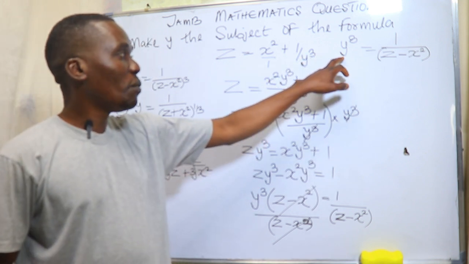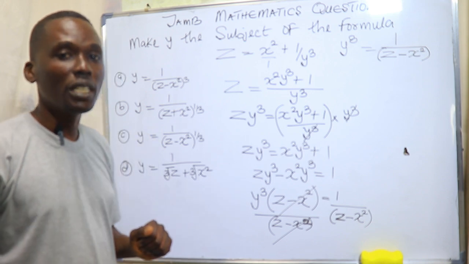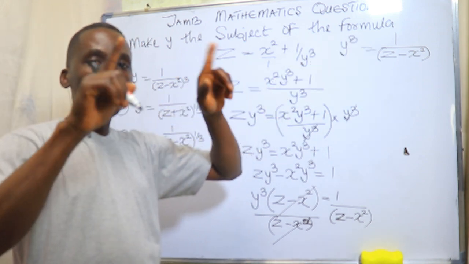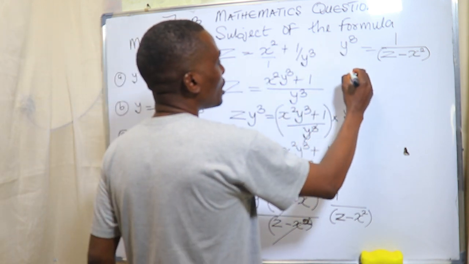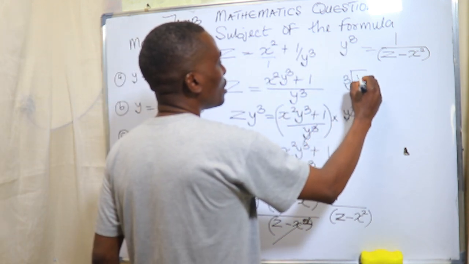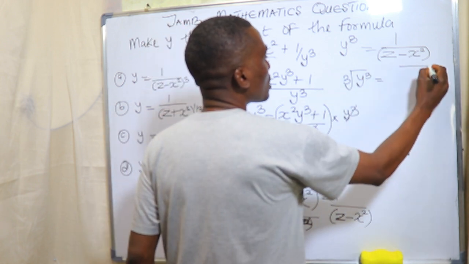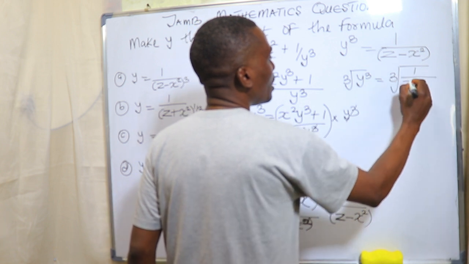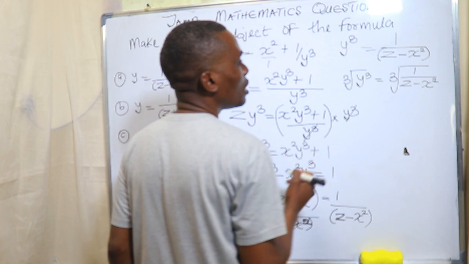I want to make y the subject of the formula, so let me find y, not y to the power of 3. Since this one is cubed, we go cube root both sides to come out of this cube. So if I cube root this side, I go also cube root this side. 1 divided by z minus x squared.